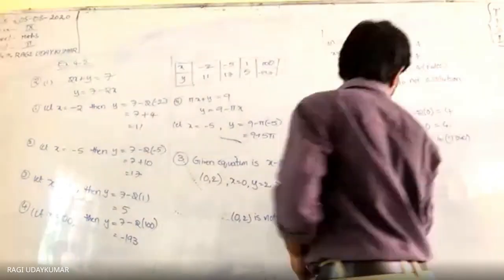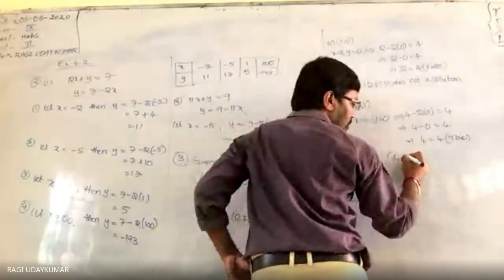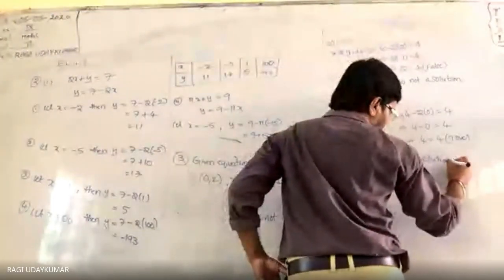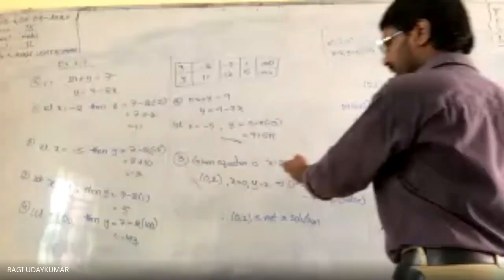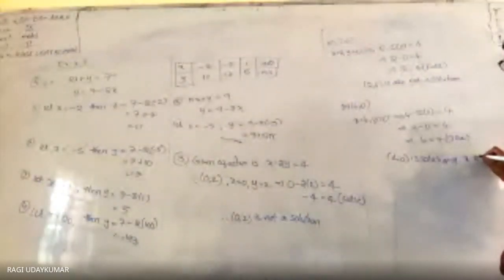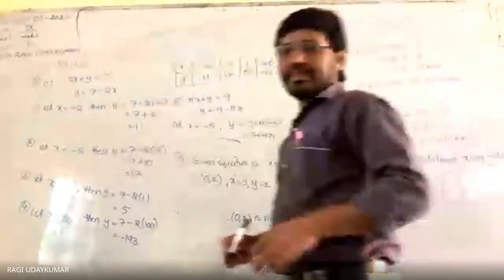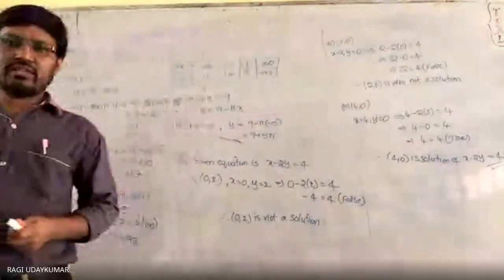Therefore, you can say that 4 comma 0 is a solution of the given equation x minus 2y is equal to 4. Simple problem. These are all very simple and you can do it.